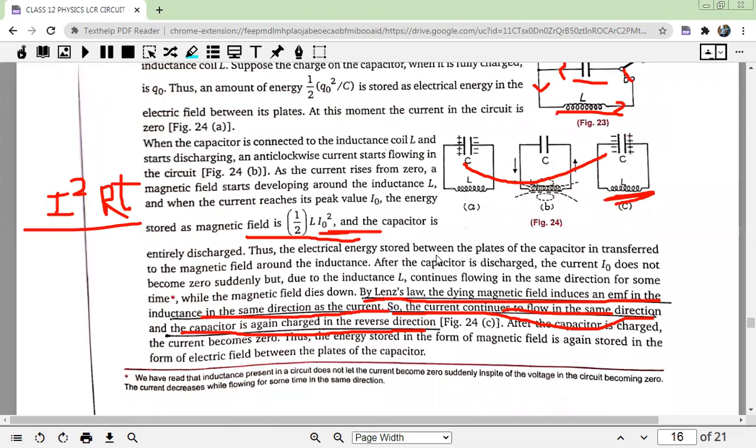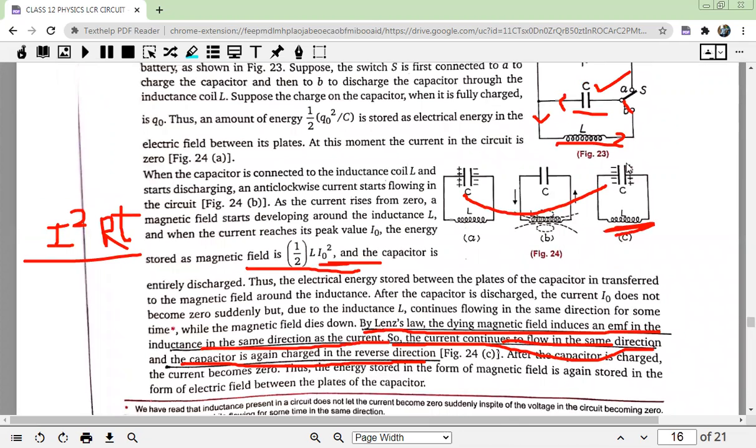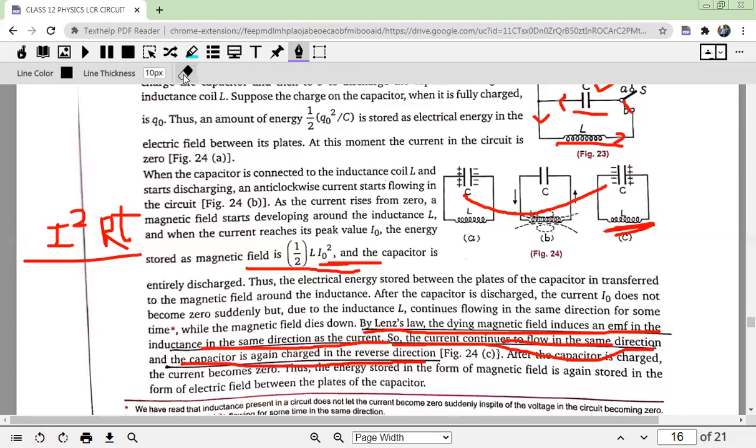It's clear. You can see here. When it is fully discharged, when it is fully charged in the reverse direction, current will start flowing. When it is fully charged in the reverse direction, what will happen?